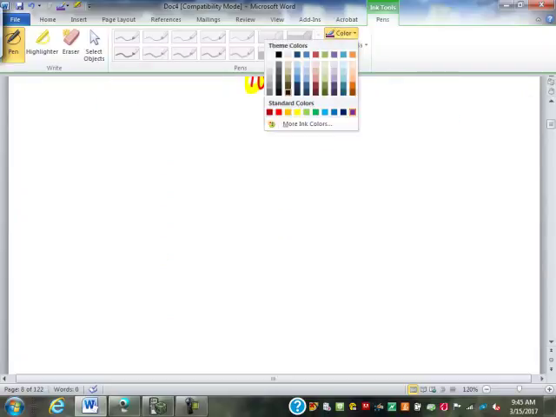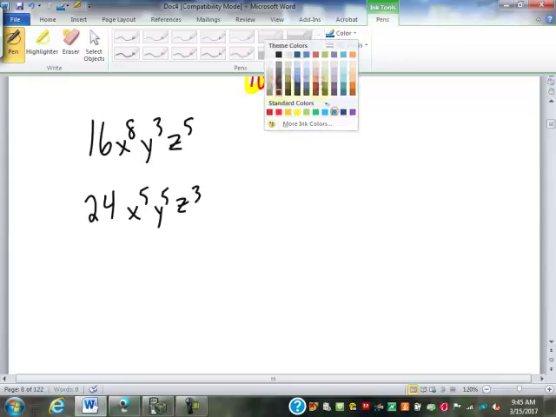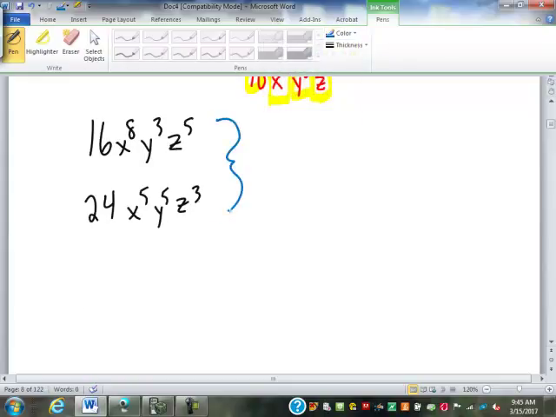So if I have 16 x to the 8th, y to the third, z to the 5th, and 24 x to the 5th, y to the 5th, z to the third. For 16 and 24, what's my greatest common factor? 8.